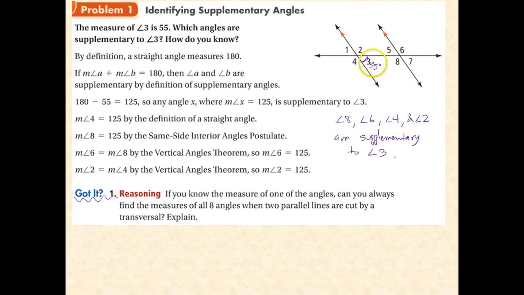Well, let's see. I know that we got 55 for angle 3. That means we got 55 here, vertical angles.